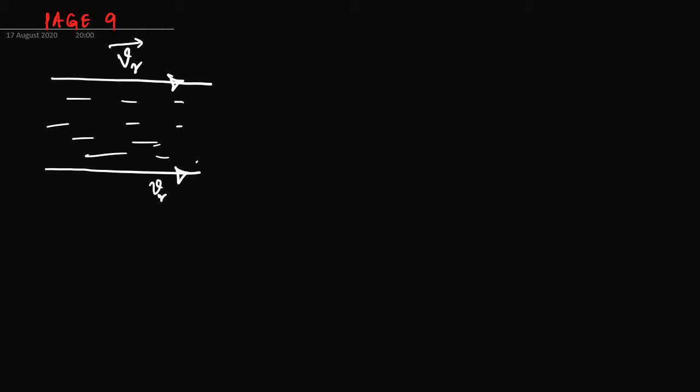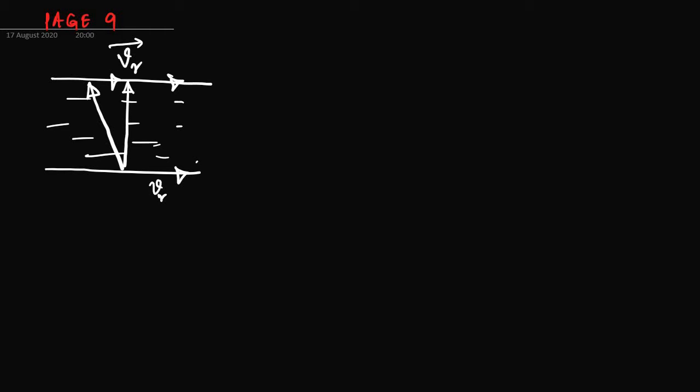Now whenever a boat or a swimmer is moving in the river, the boat will move in a direction that is always the resultant of what? The resultant of the velocity of the swimmer and the velocity of the river combined.